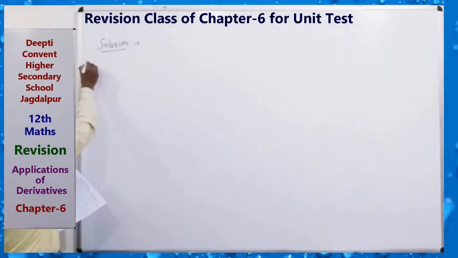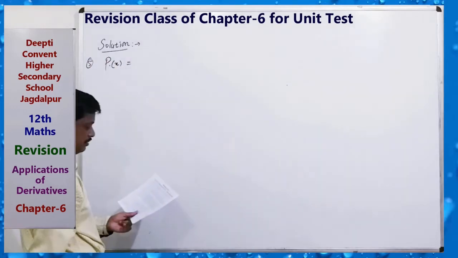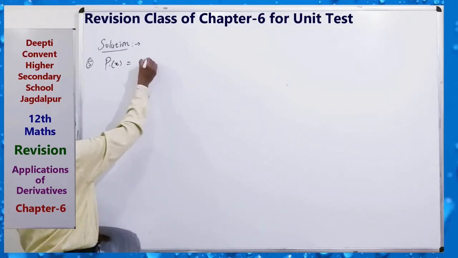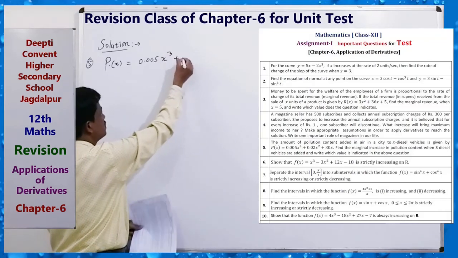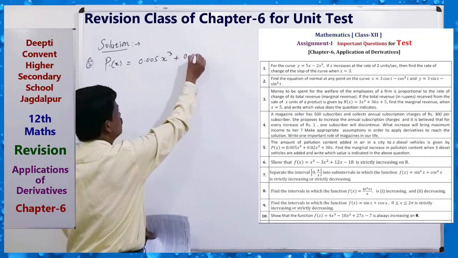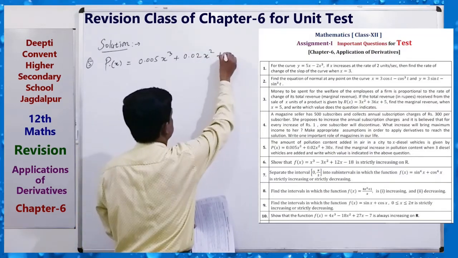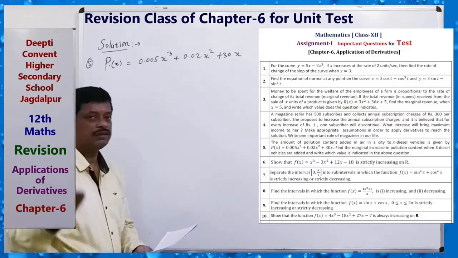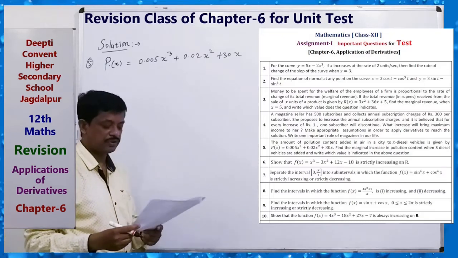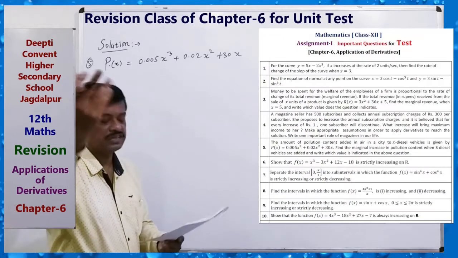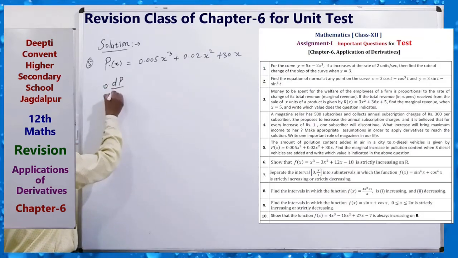Px is given: 0.005x cube plus 0.02x square plus 30x. This is the pollution content function. We have to find the marginal increase in pollution, so dP by dx. So differentiate it.